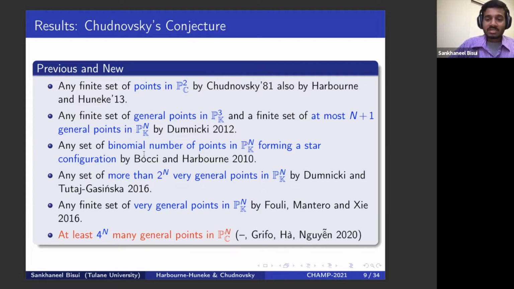Later on, Dumnicki and Tutaj-Gasińska proved that Chudnovsky's conjecture is true for at least 2 to the power n many very, very general points in the projective space.